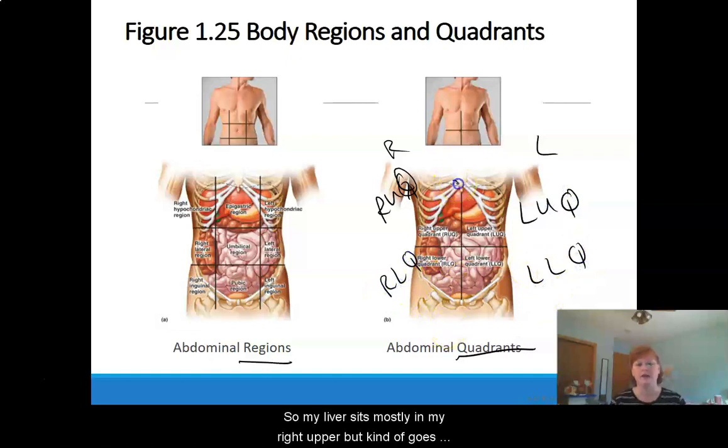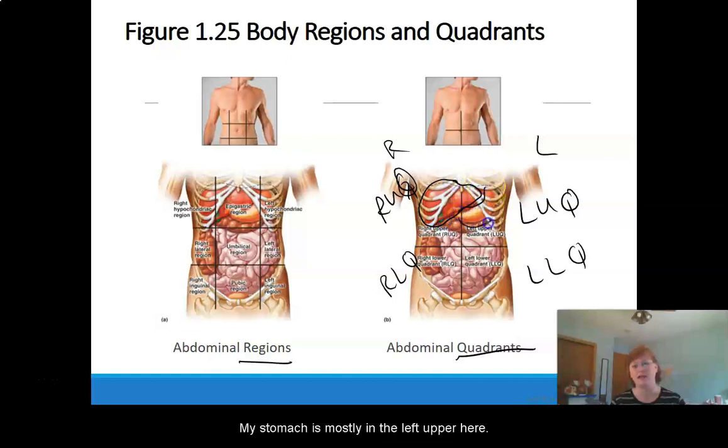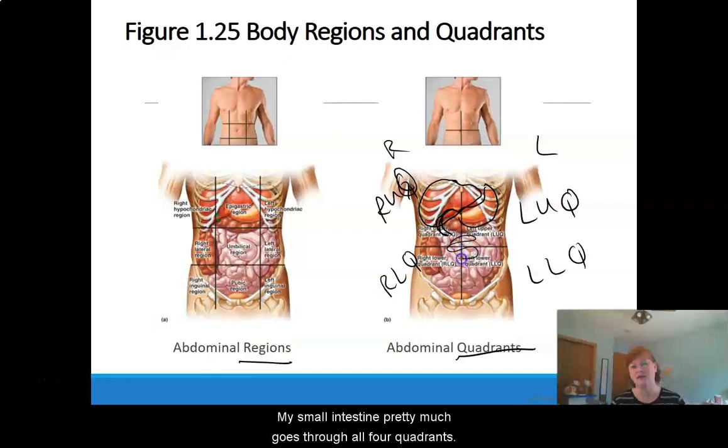So my liver sits mostly in my right upper, but kind of goes over into my left upper a little bit. My stomach is mostly in the left upper here, and then it comes over into my small intestine. My small intestine pretty much goes through all 4 quadrants.